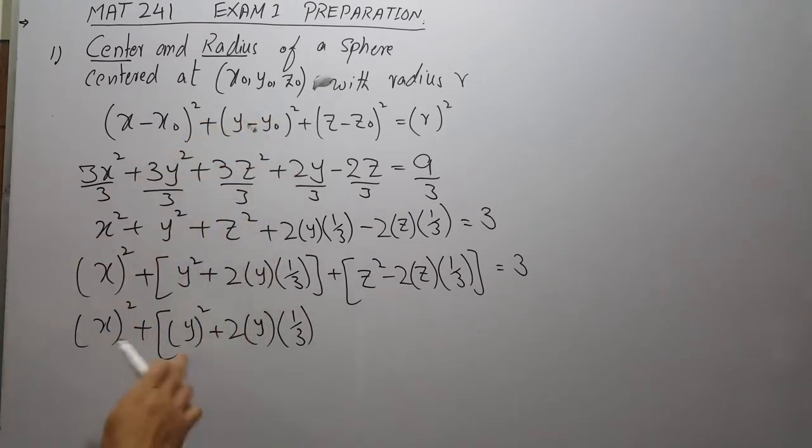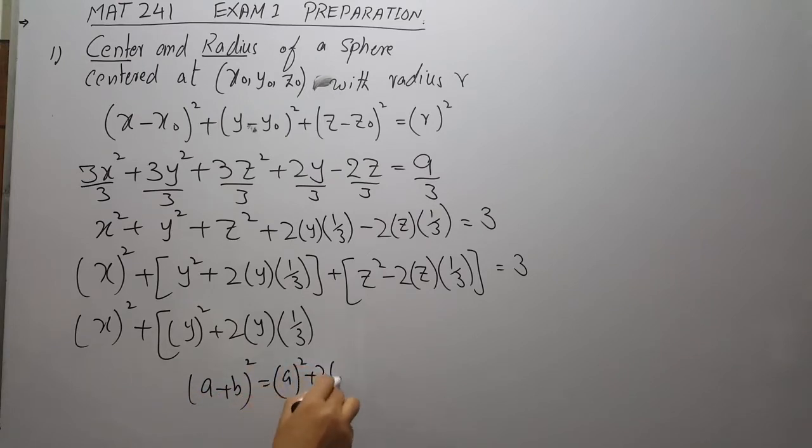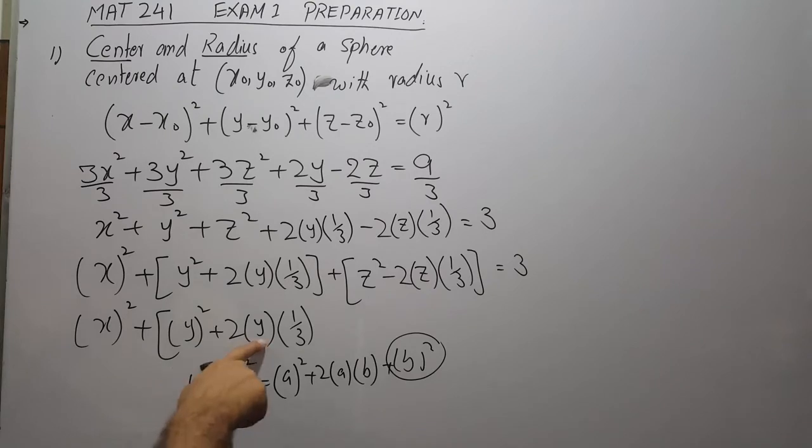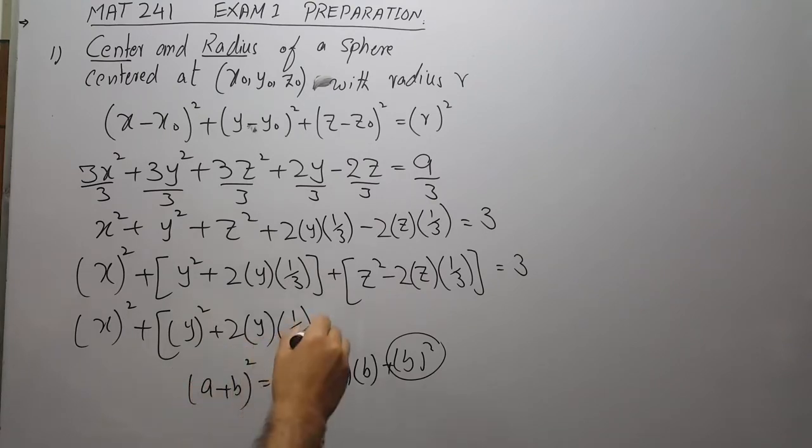So according to the formula, a plus b whole square is the square of the first plus 2 times first into second, and the square of the second. So this term is missing now. This term is given, this term is given, the square of the second term is missing.